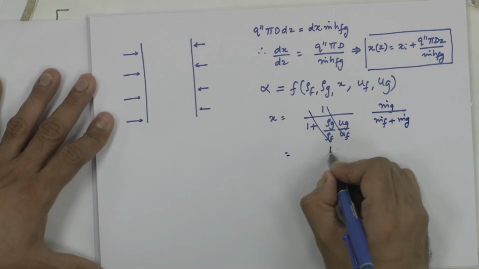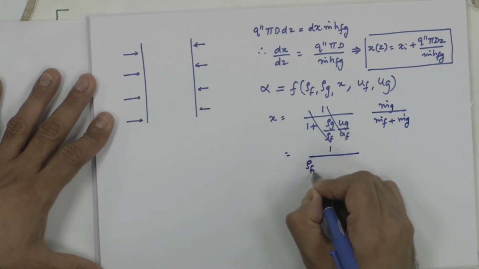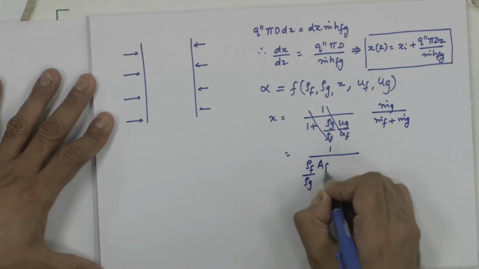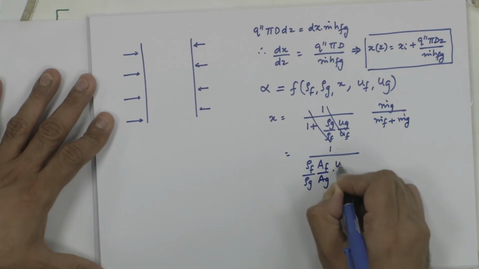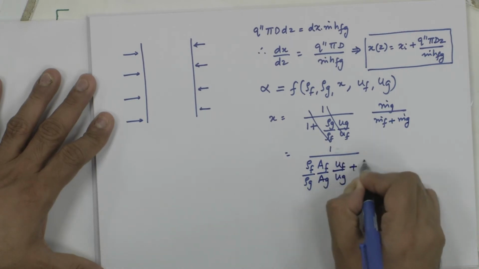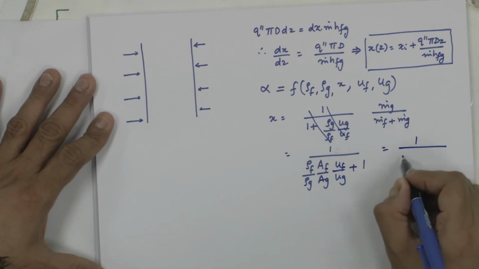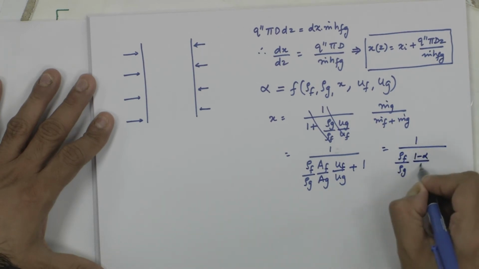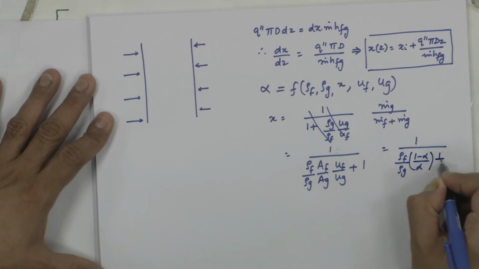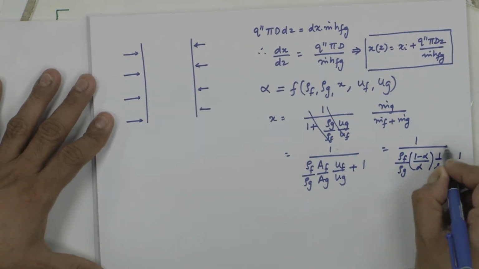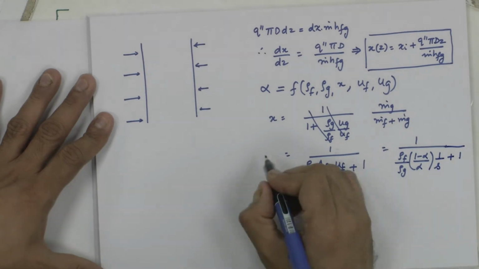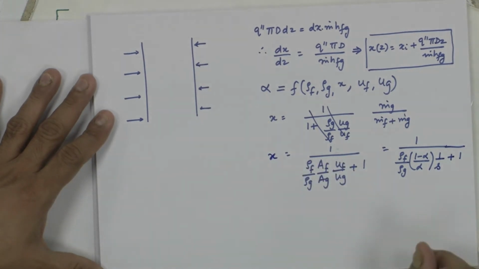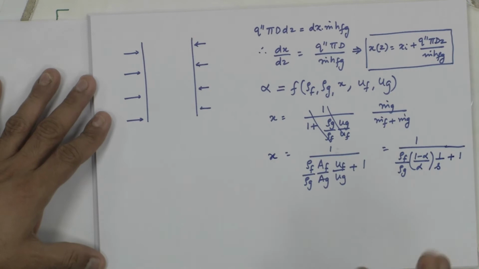This is nothing but 1 over rho f by rho g, Af by Ag, uf by ug plus 1, that is nothing but 1 over rho f by rho g, Af by Ag we saw was 1 minus alpha by alpha, this is 1 over slip ratio plus 1. So, x and alpha have a non-linear relationship and alpha will vary according to this situation.